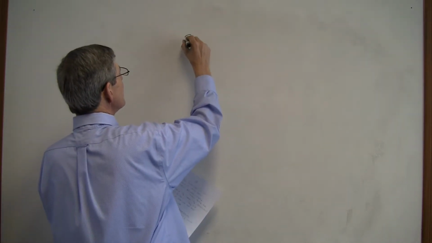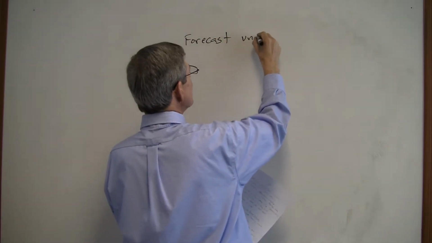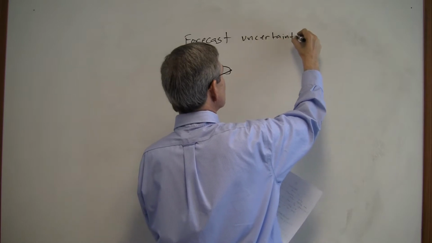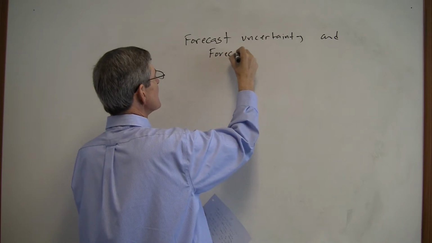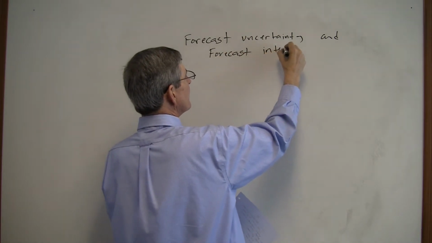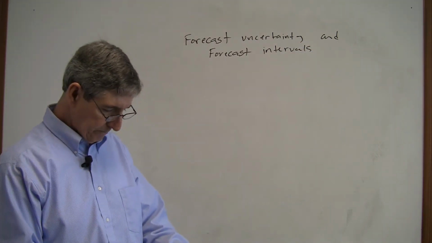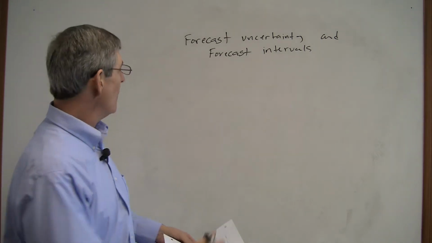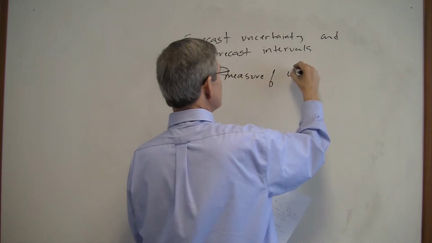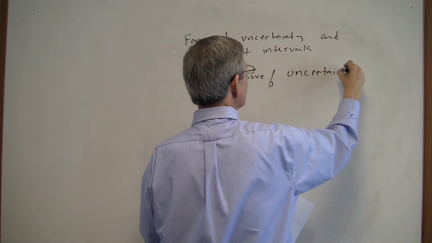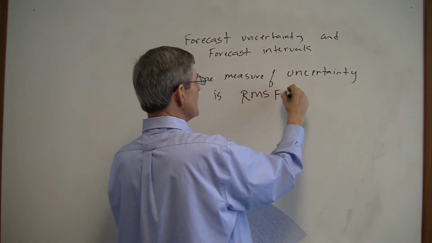Okay, again, for the general ADL model, let's go back to forecasting. Uncertainty, that's the root mean square error stuff, and forecast intervals. So one measure of uncertainty that we're going to use is, well, we already talked about the root mean square forecasting error.